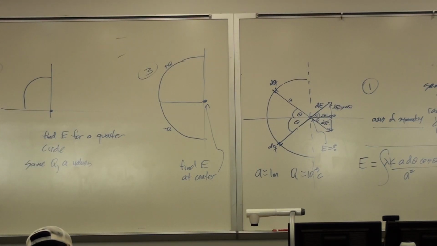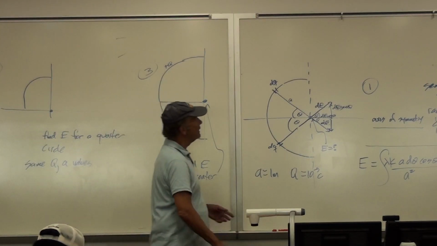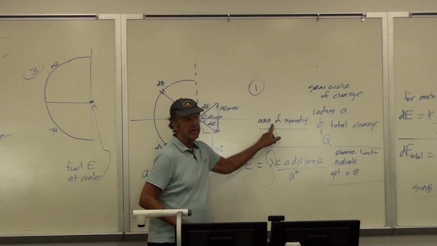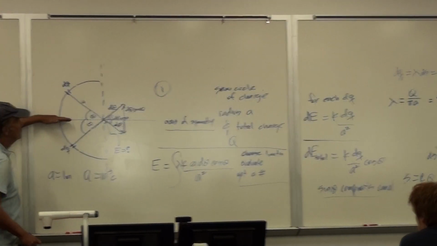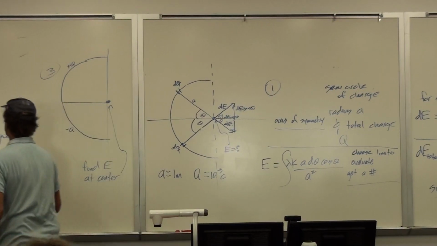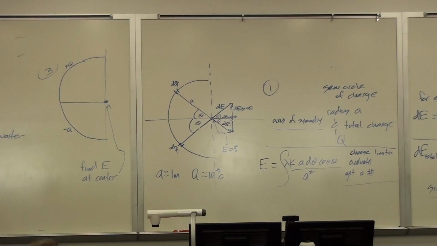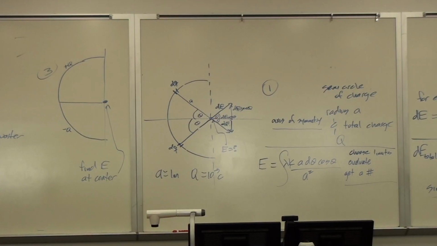Are there any questions? Okay, what I would like to suggest, notice the axis of symmetry that I selected here. It cuts the charges in half. Do I want that same axis of symmetry here? No. Why not?